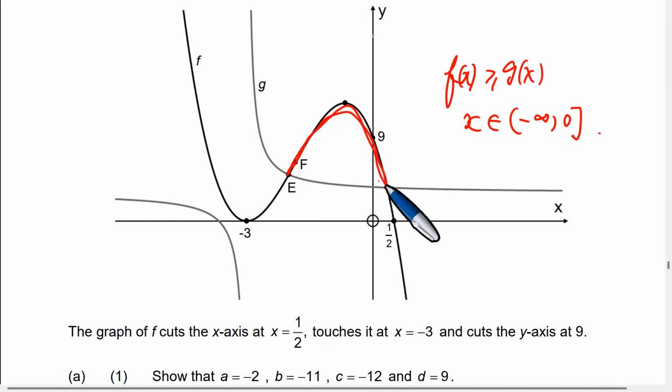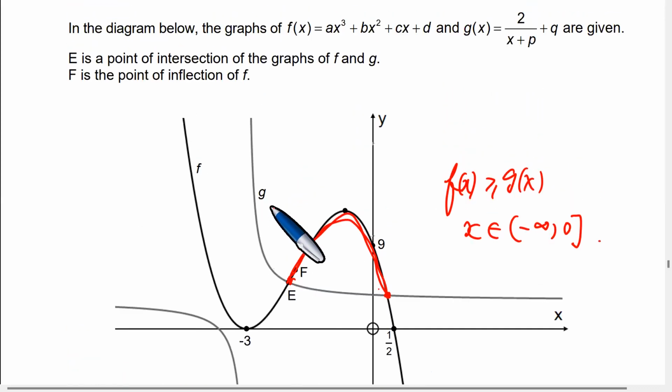We would be interested in knowing the point of intersection, because then we can see here that f is above g because g is this one. But also there is f here and there is g as well.